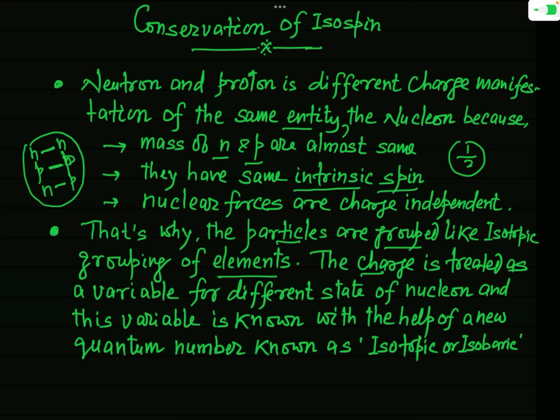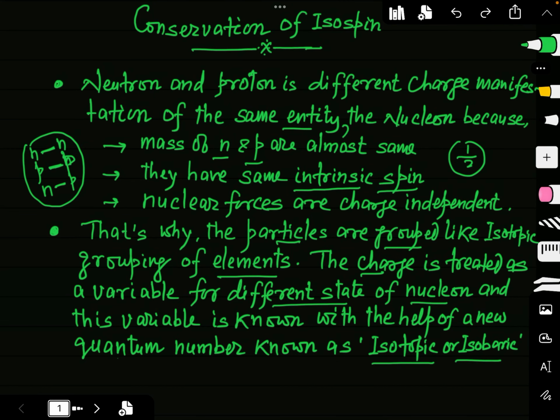So neutron and proton are the same particle in different charge states. I have mentioned here that the charge is treated as a variable for different states of the nucleon, and this variable is known with the help of a new quantum number that is called isotopic or isobaric quantum number.